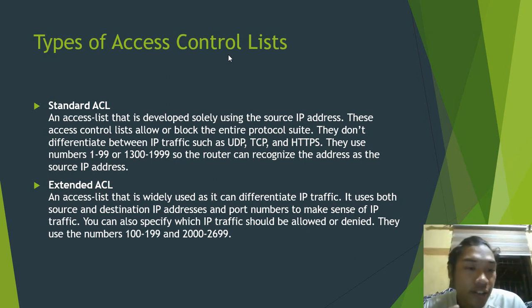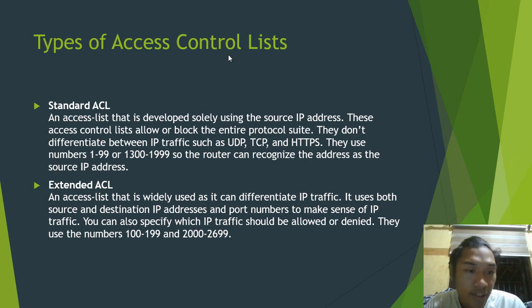The standard ACL is an access list that is developed solely using the source IP address. This access control list allows or blocks the entire protocol suite. They don't differentiate between IP traffic such as UDP, TCP, and HTTPS. They use numbers 1 to 99 or 1300 to 1999, so the router can recognize the address as the source IP address.